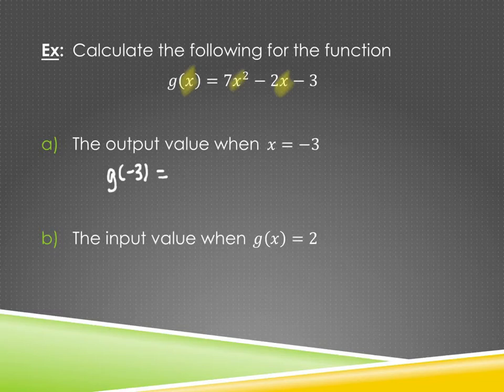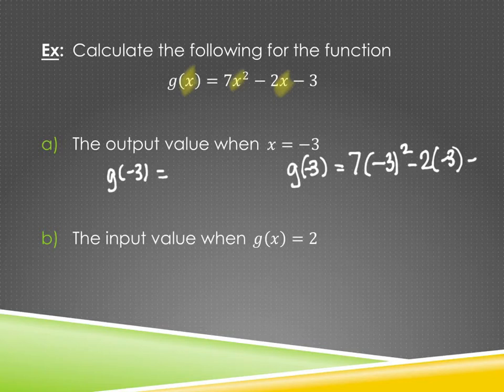That's the bare minimum. If you wish, you can tell me g of -3 equals, and you can show me where the -3s are plugged in. But if you simply want to put it into your calculator, that's okay too. So you're going to input -3 in for every single x value. And when you do so, and you simplify, what do you get?